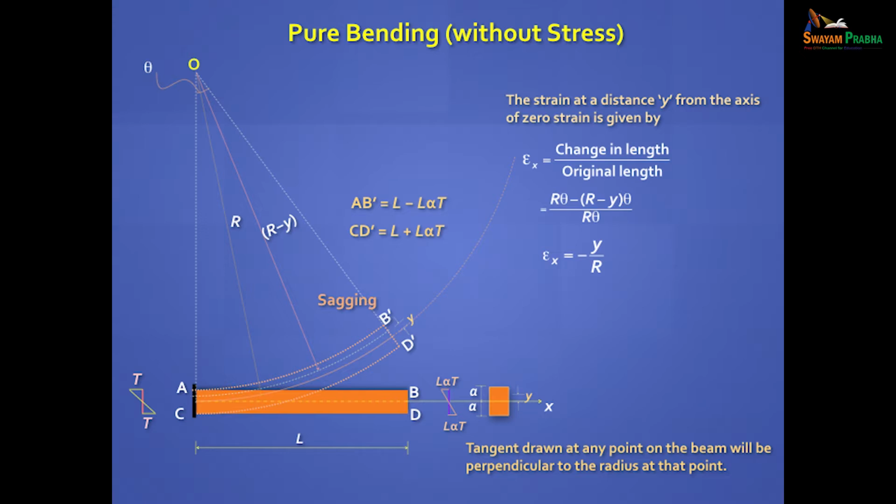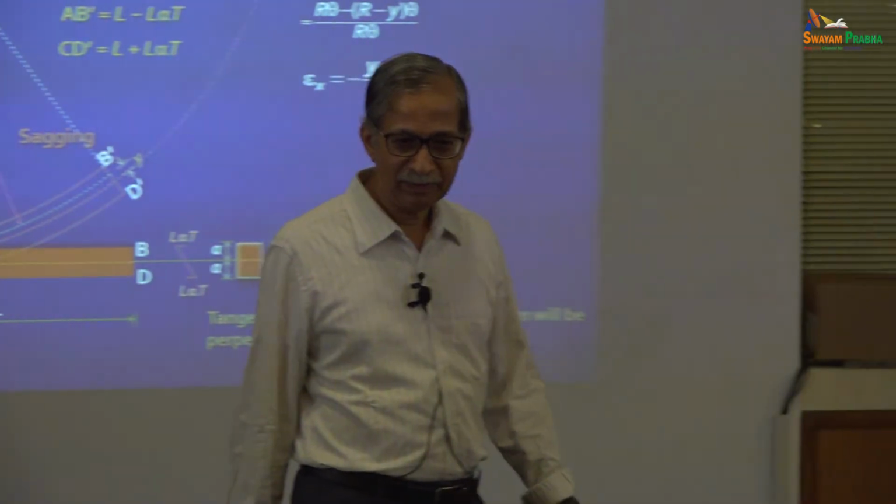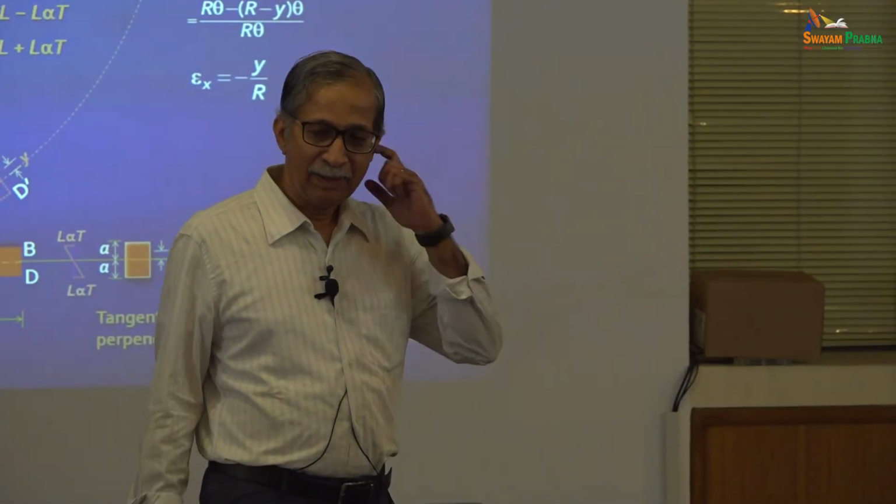When y is equal to a, if you go up, then the maximum compressive strain is minus a by r, and at the bottom you have a tensile strain and elongation, plus a by r. Very simple, simple basics.